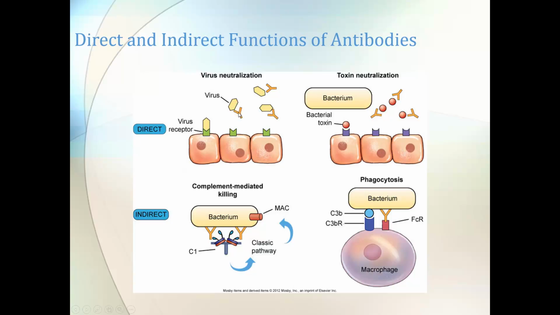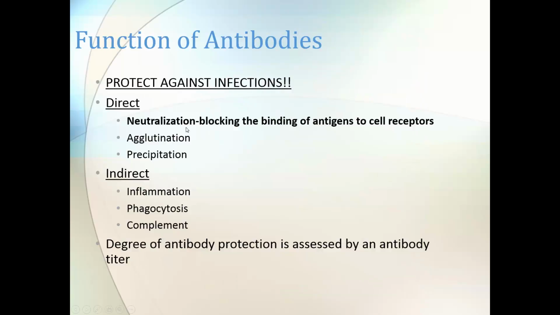In this particular case, this little Y piece binds directly to the virus, so that when it tries to come into contact with this cell receptor on this particular body cell, it can't. It's blocked. It doesn't fit into the lock and key anymore. That's exactly how neutralization works, okay? And that's what I truly want you to understand about the direct protection against infection.